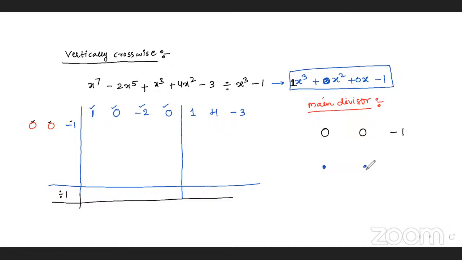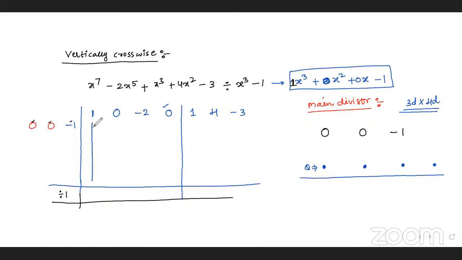This is nothing but the concept of 3 digits multiplied with 4 digits. This is the concept we are using here. These dots are nothing but coefficients.